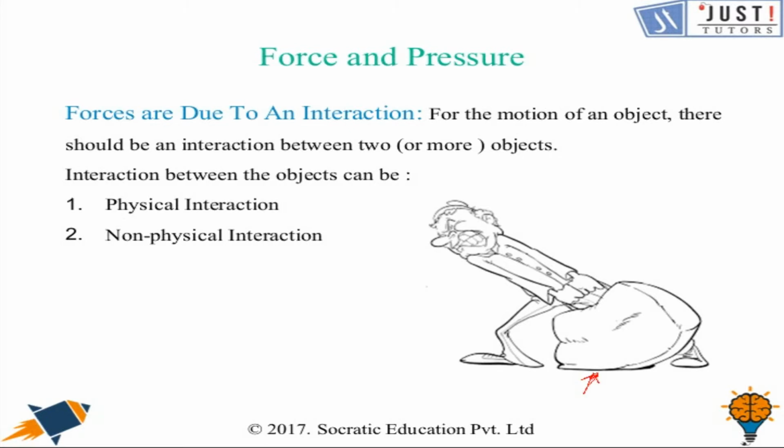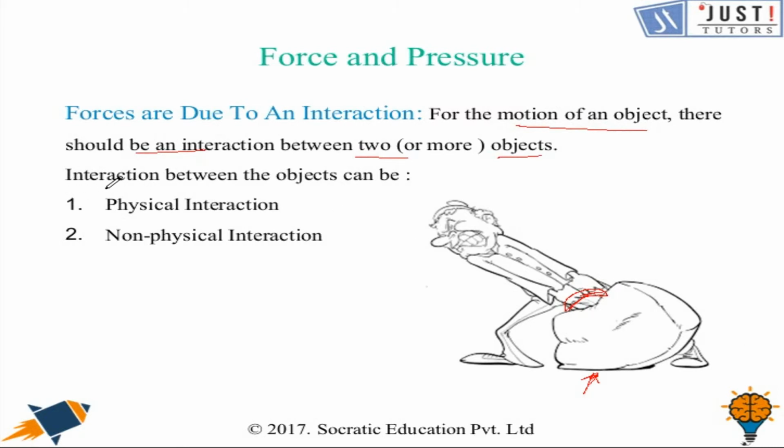If a man wants to move this bag from one place to another place, the bag may begin to move only if the man applies a force upon the bag. Thus, there is an interaction between the bag and the man. To move this bag, this man has to make contact and interaction with this bag, and this is the point of interaction or contact. So we can say for the motion of an object, there should be an interaction between two objects.